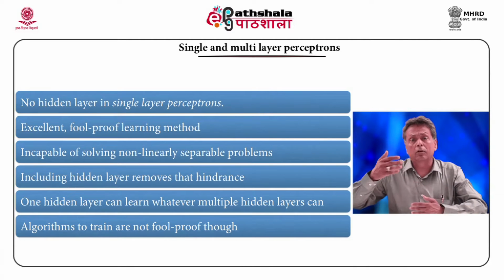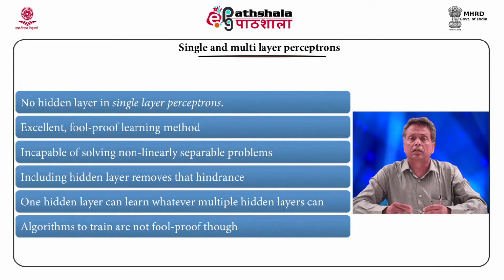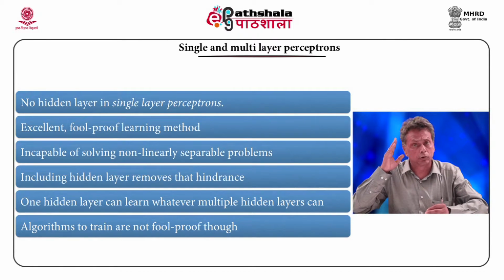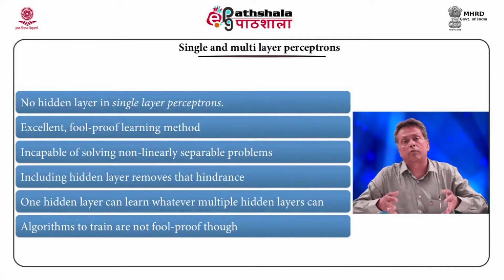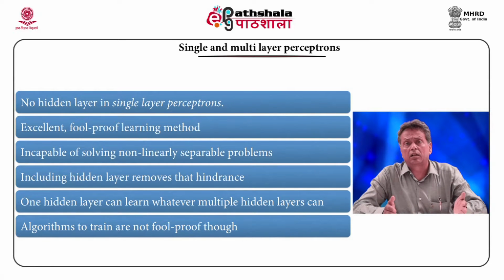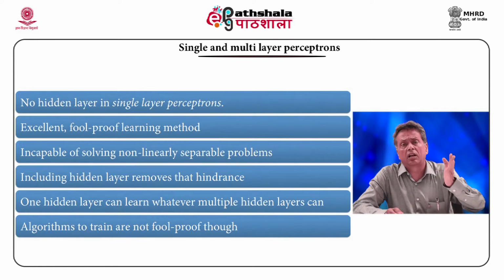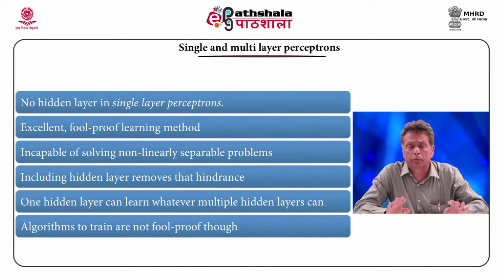It is possible to have multiple hidden layers, and again the theory says that a single hidden layer can do a job which multiple hidden layers can do. So, one single hidden layer is good enough for solving any problem.